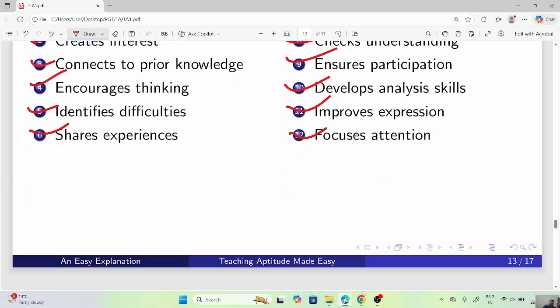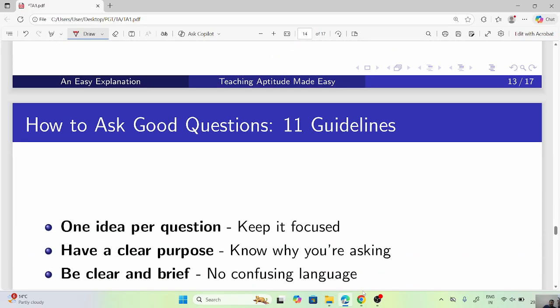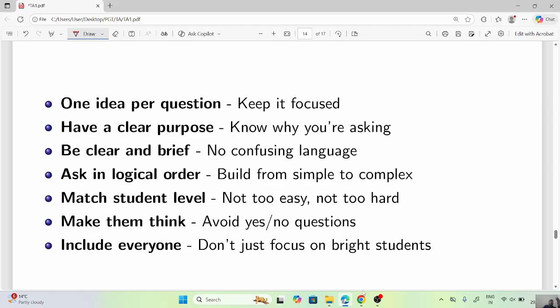Finally, after that, how to ask a good question. There are 11 guidelines. One idea per question means keep it focused. Have a clear purpose, means know why you are asking. Be clear and brief, means no confusing language.